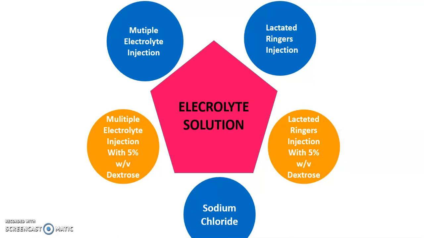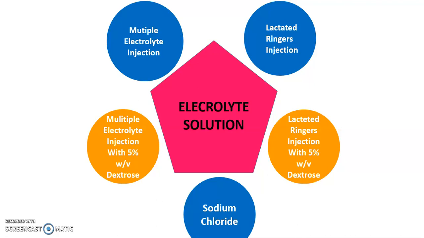It remains the same as what we have discussed in multiple electrolyte injection. The only difference is that in this second case we have to add 5% weight by volume dextrose. When adding 5% weight by volume dextrose, the osmolarity is 552 milliosmol per liter, and we have to add an antioxidant, whereas in the case of multiple electrolyte injection it is not necessary to add the antioxidant. Next is the lactated Ringer's injection.